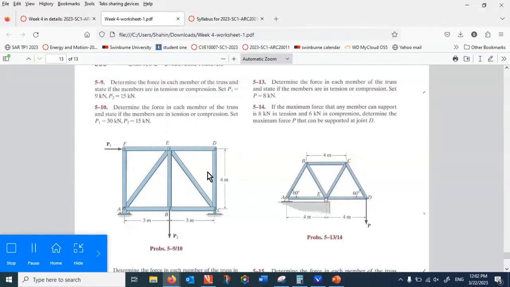Two letters. D, E, and D, C. Yes, they are zero. So D in the force, right? E, D, and D, C. They're zero members.